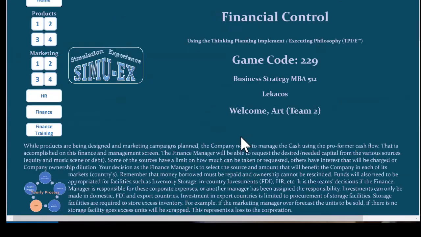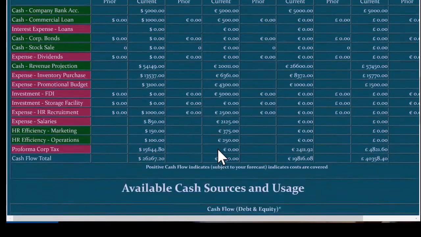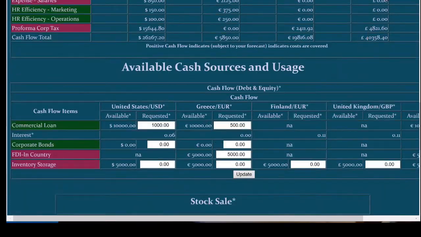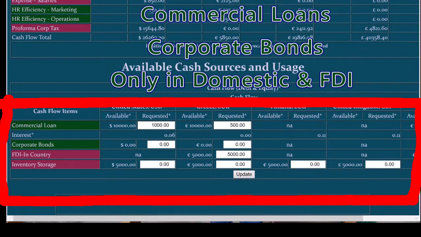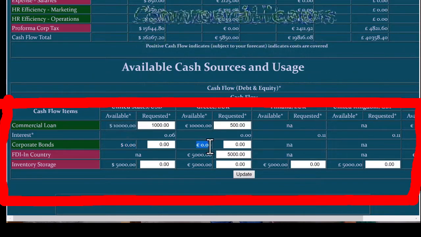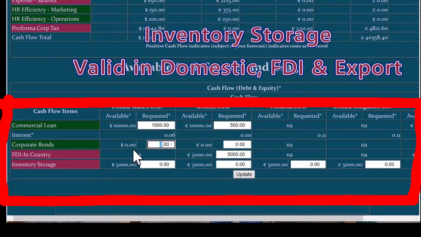So it's important to understand the minimum required investment for FDI. In addition, you have an investment in inventory storage. Commercial loans and corporate bonds are only valid in domestic and FDI countries. Inventory storage is obviously valid for domestic, FDI, and export.